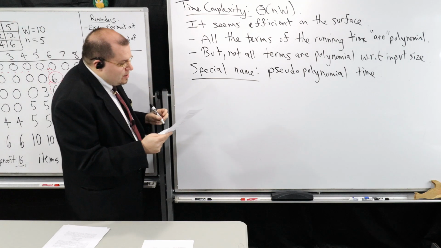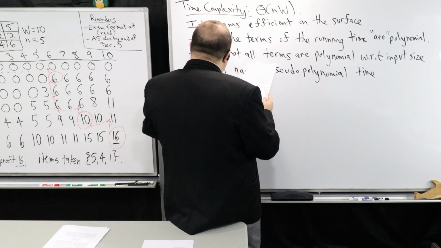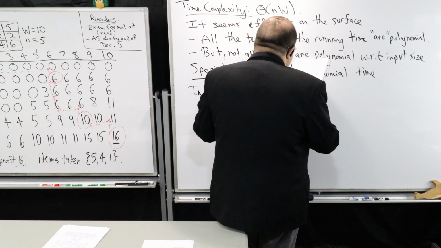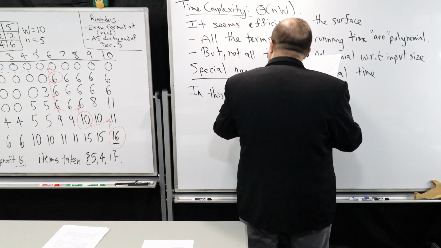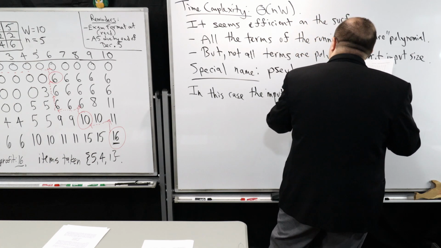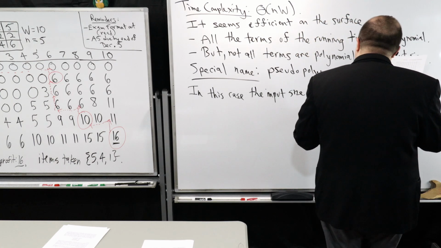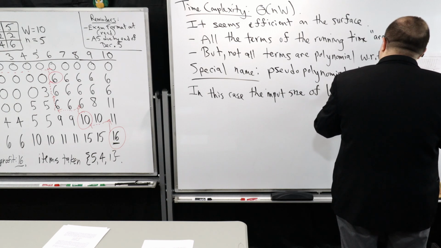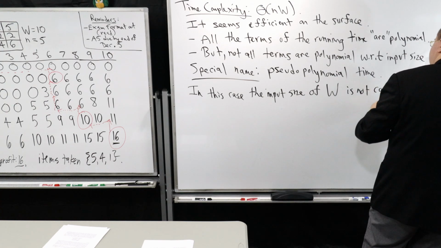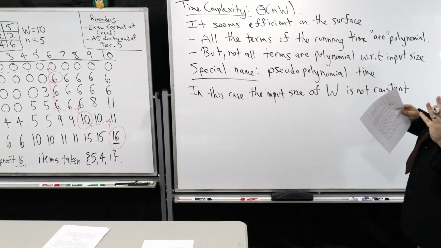In this case, think about it. The input size of W is not constant. I must stress that if you know W is a constant, this is indeed going to run in polynomial time.